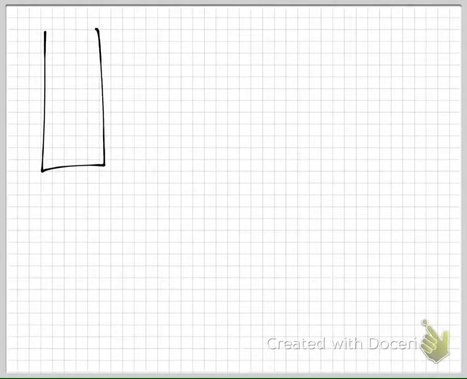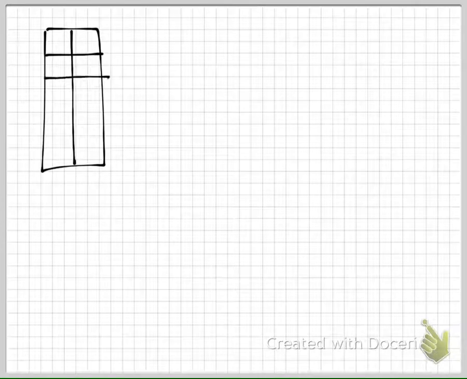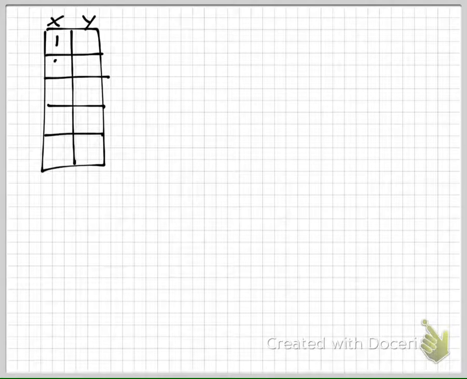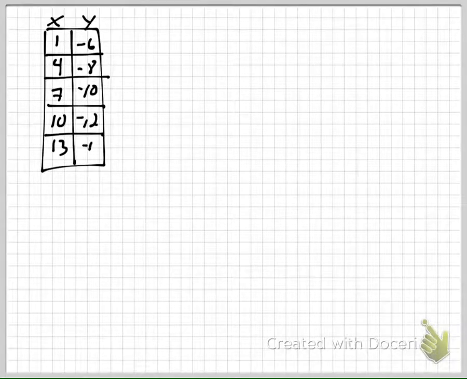Before we do anything, we have to determine whether or not it's a line again, right? We're going to determine whether or not data represents a linear equation, okay? This is what we do. If we have a set of data, in other words, we have made a table, or a table was given to you, and on this table, we have these points: 1, 4, 7, 10, 13, and -6, -8, -10, -12, and -14.